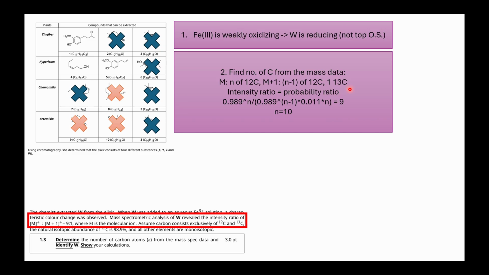So you just take out one of the carbon 12 and replace it with carbon 13. It doesn't matter which carbon, because you have the entire unfragmented ion here.